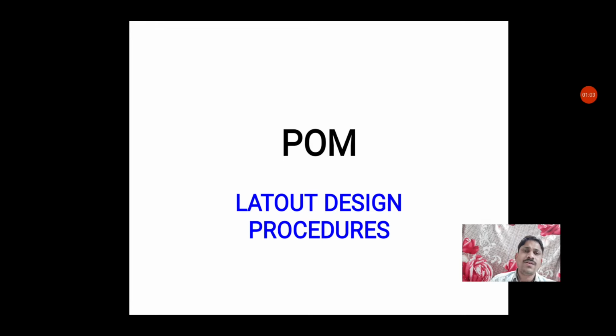There are various layout decision procedures which can be followed in order to plan various departments in a manufacturing unit. As you know, there are different types of layouts like product layout, process layout, and group technology layout. Whatever the type of layout, it is important to consider the best arrangement of various machineries according to the requirement of the manufacturing plant.